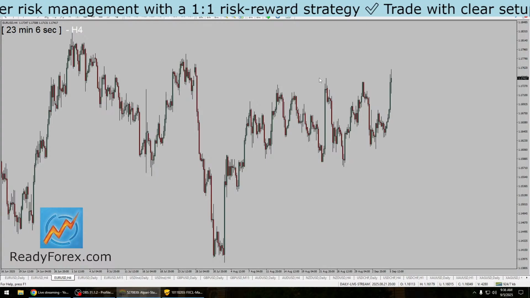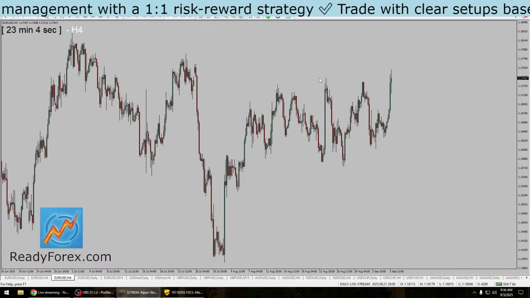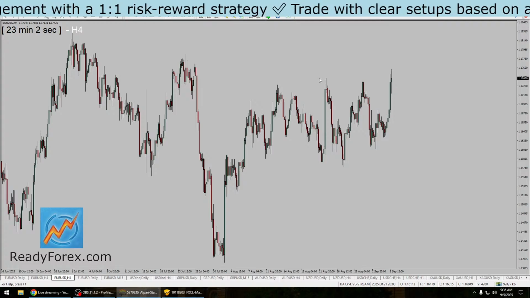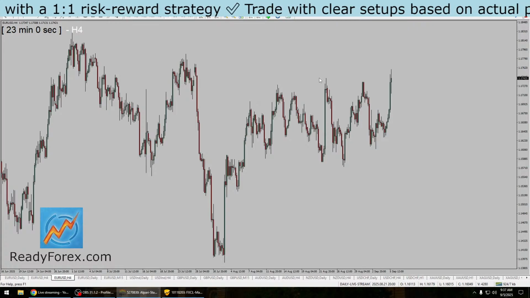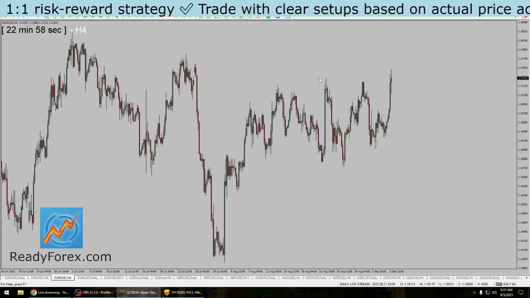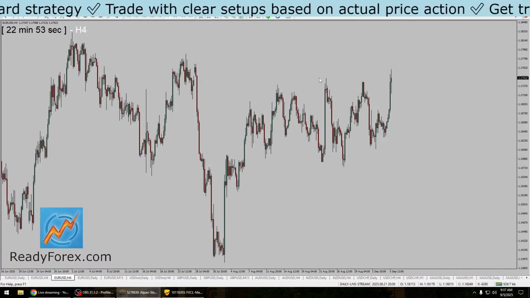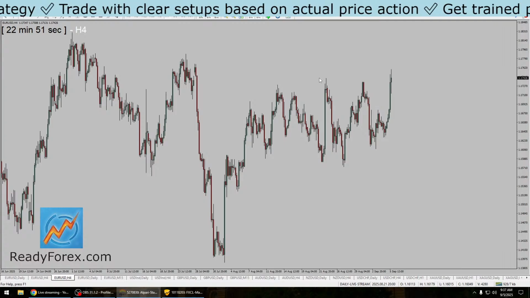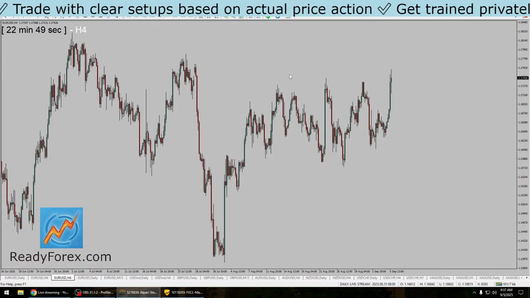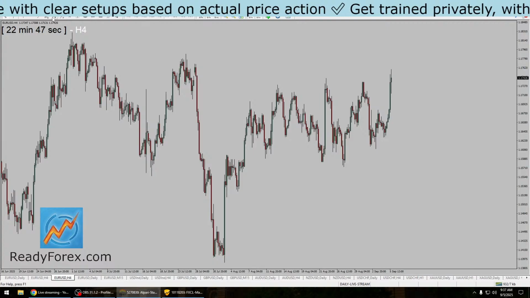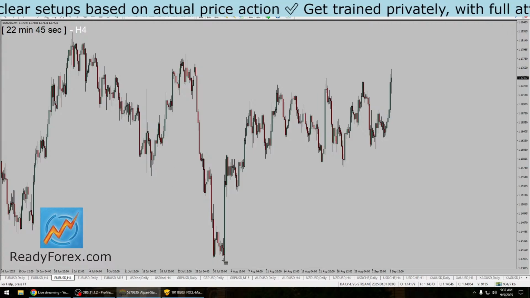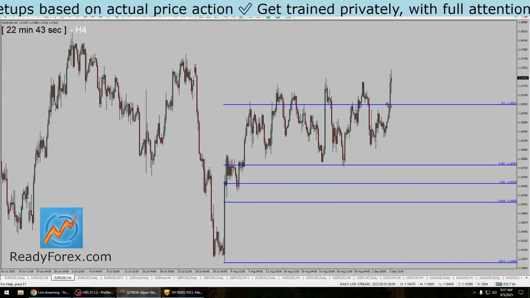Well, the way I see it, I think we are getting kind of a leading diagonal. Now, if this really is a leading diagonal, then the EURUSD currency pair is most likely going to drop.